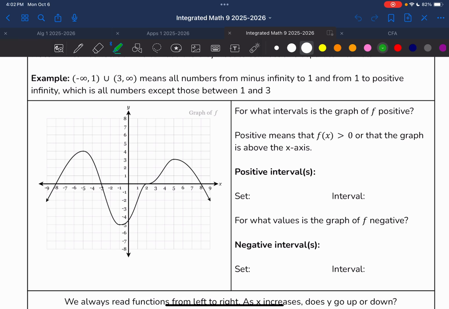And so if we let green represent positive, we can see that the function is positive in this area here, for these values of x, and for these values of x over here as well.